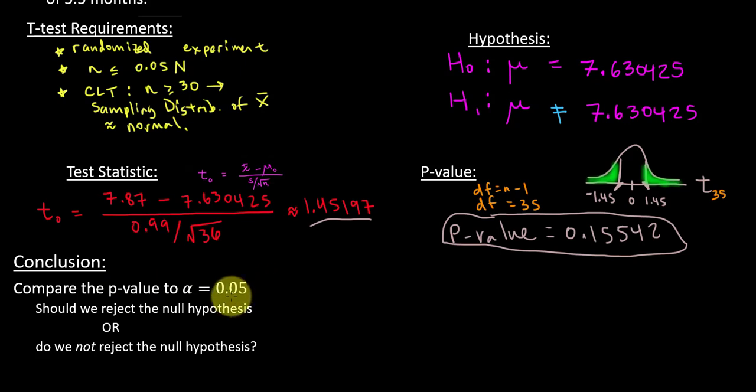And while it was not stated earlier, we'll use the default or most typical significance level of 0.05 for alpha. P-value about 0.155, alpha 0.05. Okay, so which is bigger, p-value or alpha? Certainly the p-value is larger.